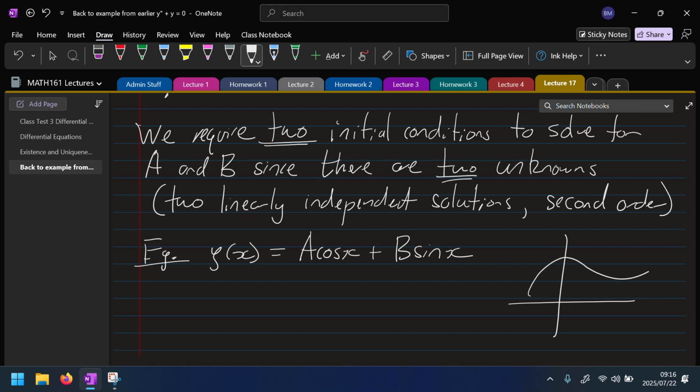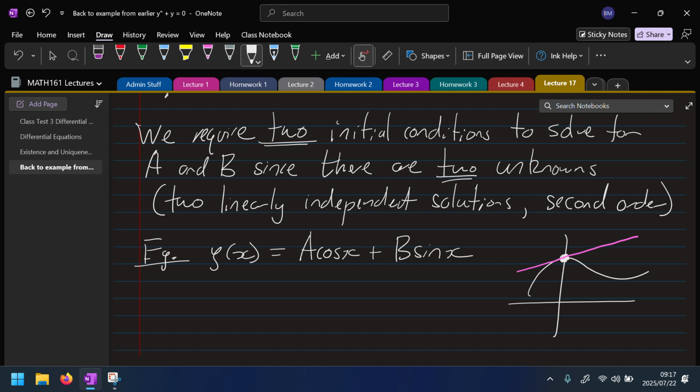We need an initial value. So when x is 0, y is something, we need to know what that is. That is our first initial condition. And secondly, like before when we had the position and velocity, we need the gradient at that point as well. So at x equals 0, we need to be provided with the value of y and y prime.